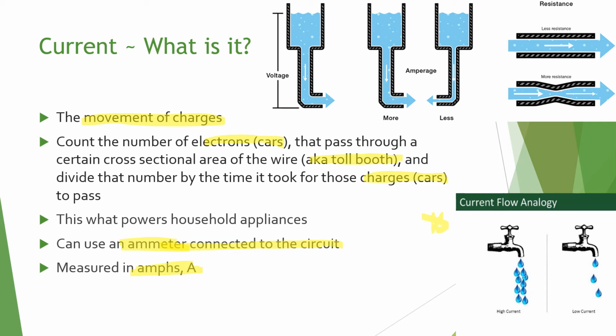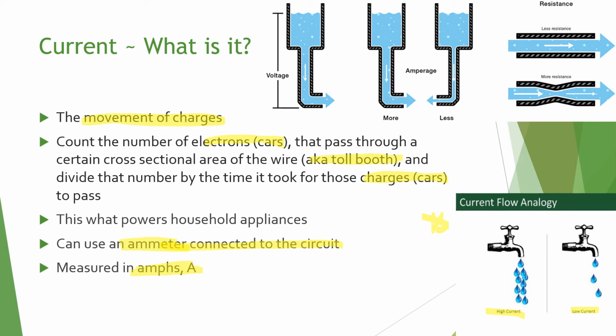Current flow analogy. Current is the flow of electrons, the movement of charges. If you look here, we have this diagram where a tap with more water coming out represents higher current, versus a tap with less water flowing, which is lower current.